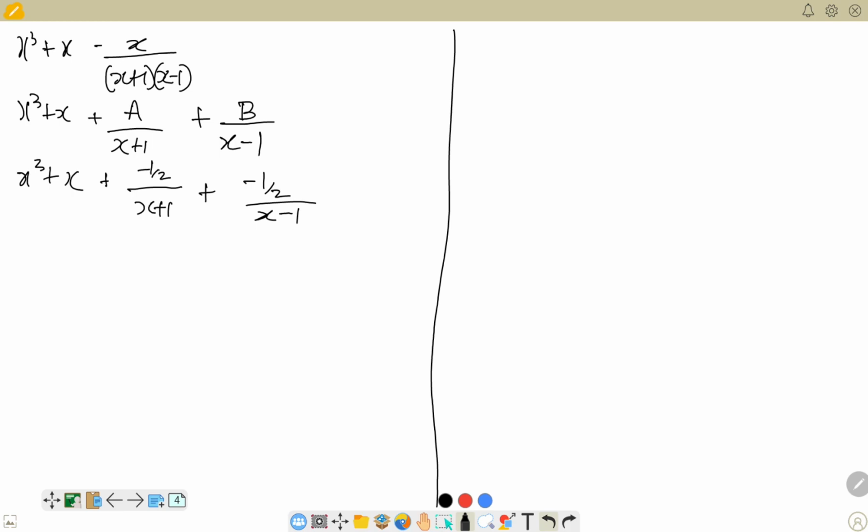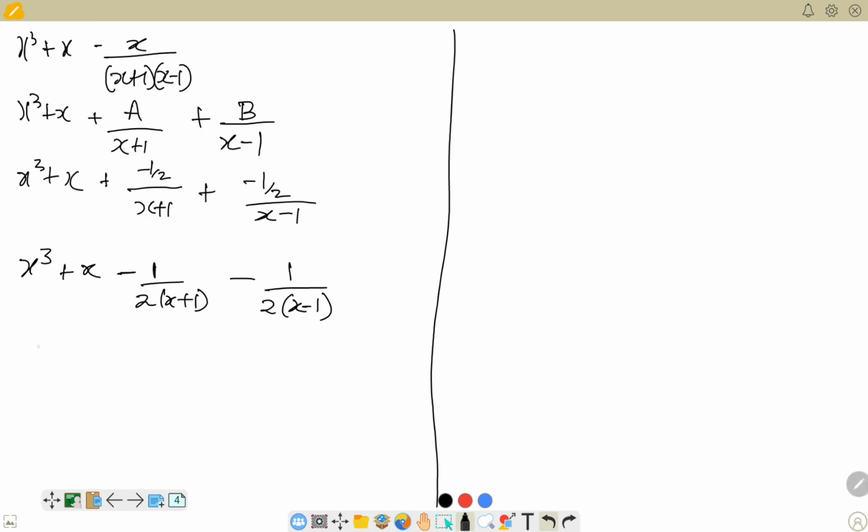Then from here, we can rewrite it in a nice form so that it's actually 1 over 2 x plus 1 minus 1 over 2 x minus 1. It's still the same thing. The negative signs affect the positive signs there.